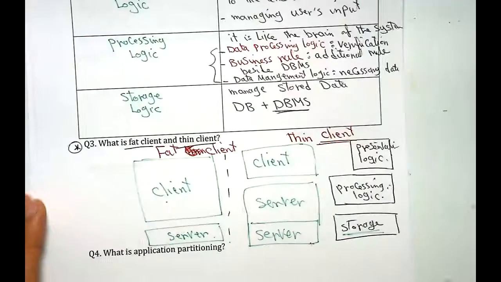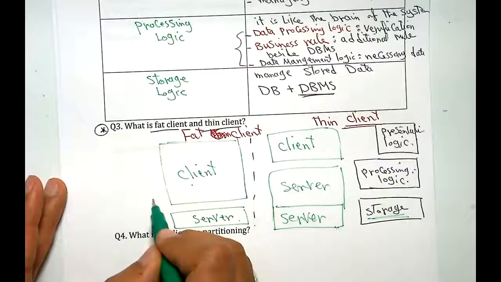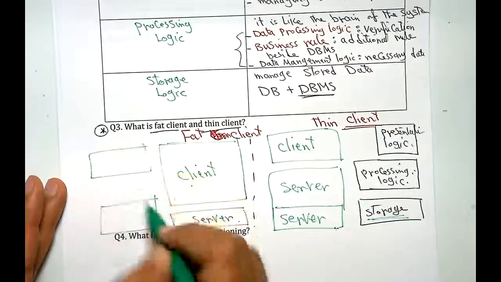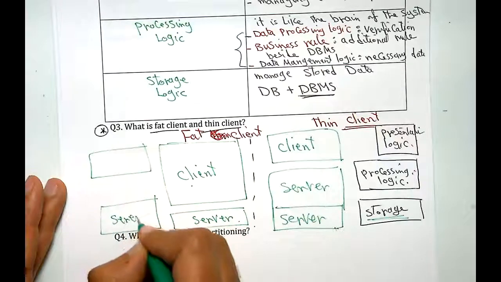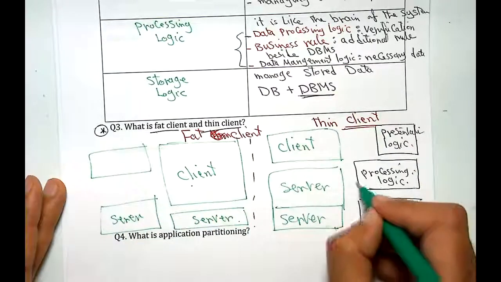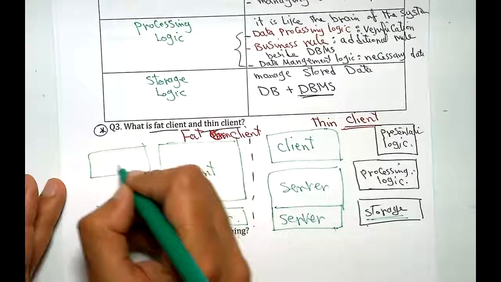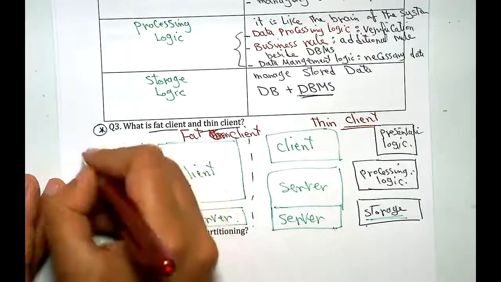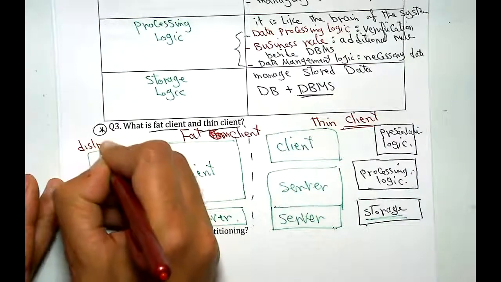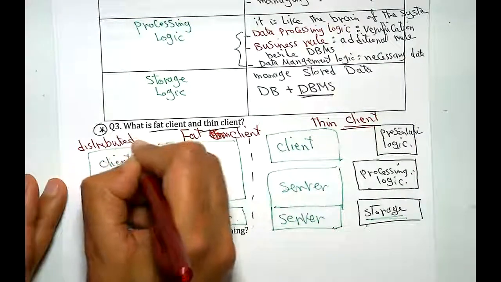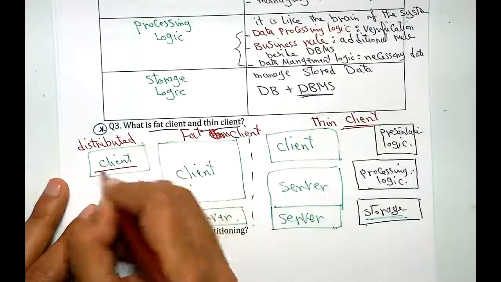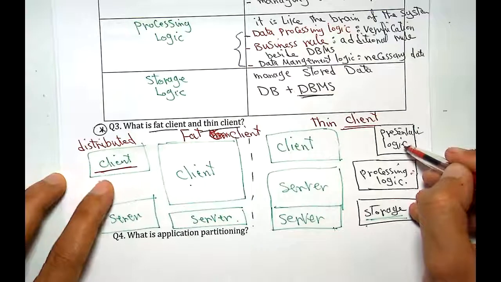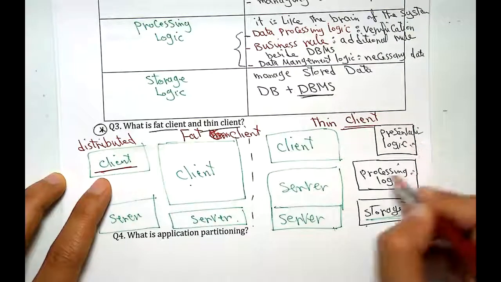We now have distributed systems or distributed clients, where the server will do storage plus some processing. In the distributed case, for sure the client will do some presentation plus some processing.